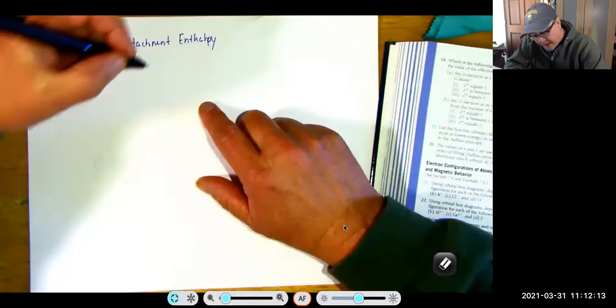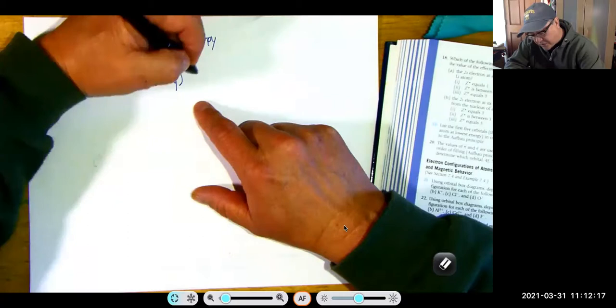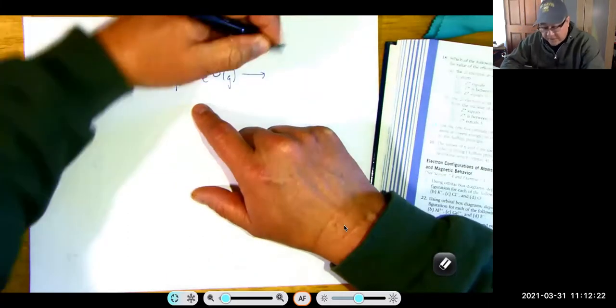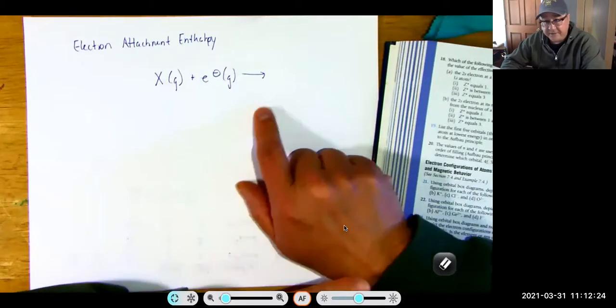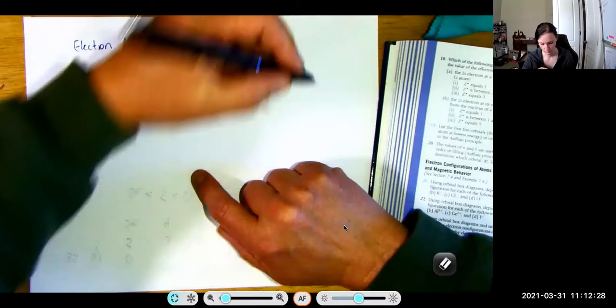So if you have an atom in the gas state and you add an electron to it, what will this result in? A negative charge. Right, an anion.